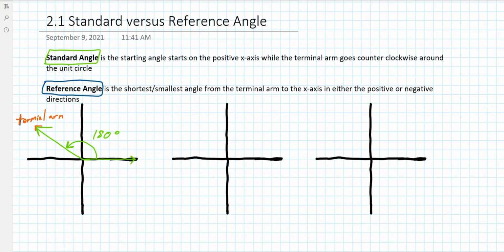Okay, so that terminal arm, the shortest distance to the x-axis, if it's in this position, would be this distance here. So if the other part was 150, this would be 30. All right, so this is the reference angle, whereas this is the standard angle.